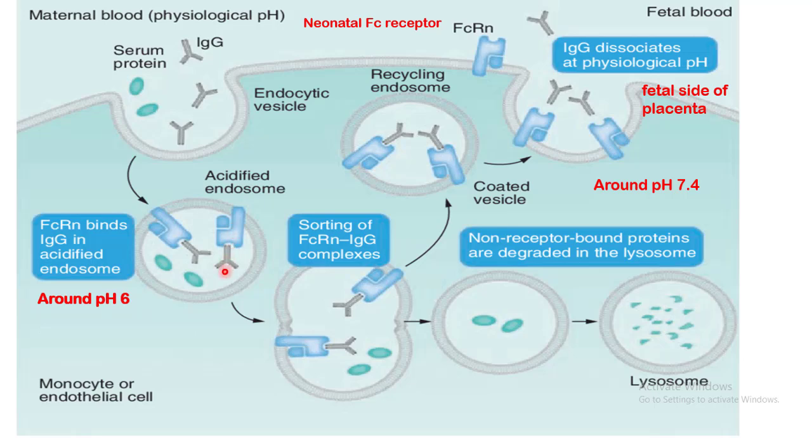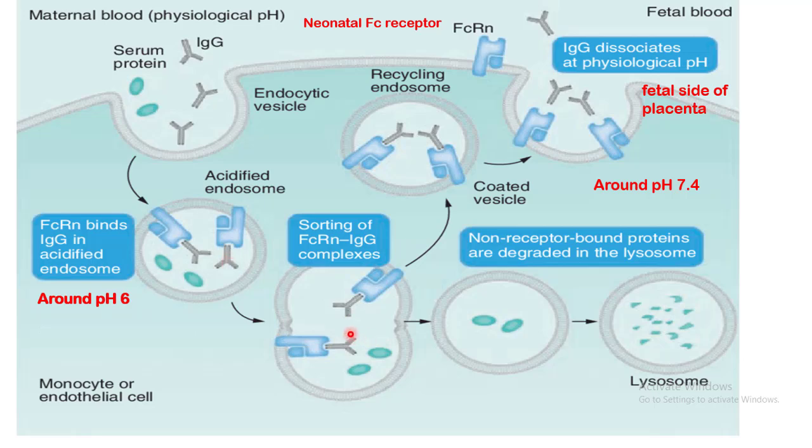The immunoglobulin G1 uses its Fc region to interact with the neonatal Fc receptors, and this binding is facilitated by the acidic pH of around 6. This acidic pH promotes the interaction of immunoglobulin G1 with the neonatal Fc receptor.